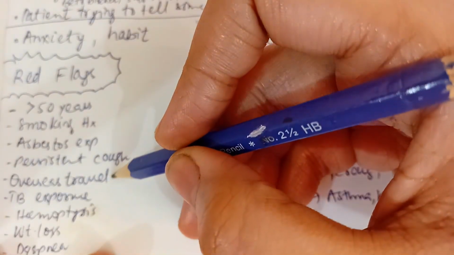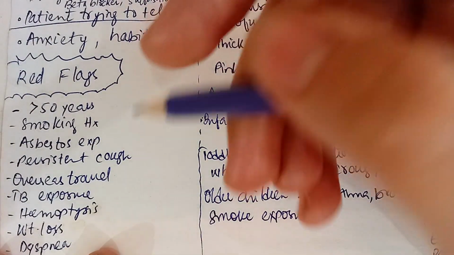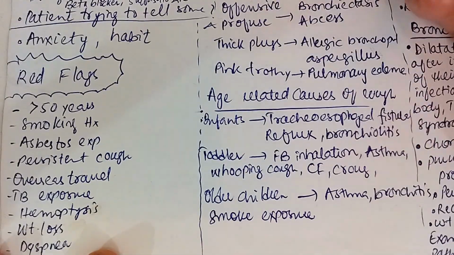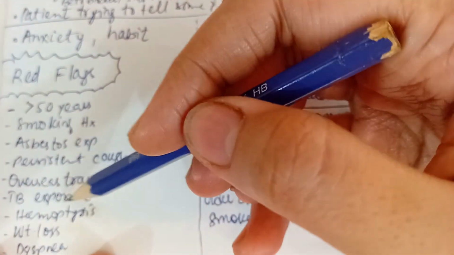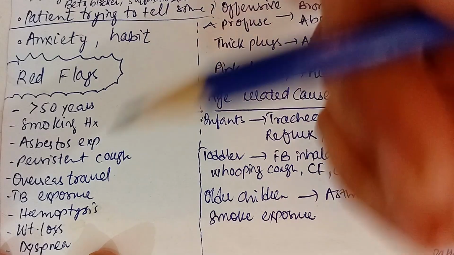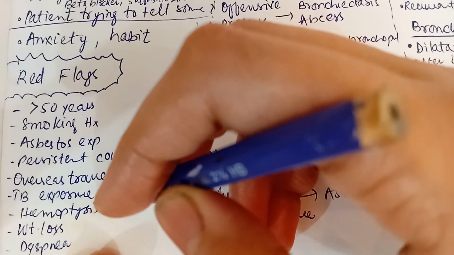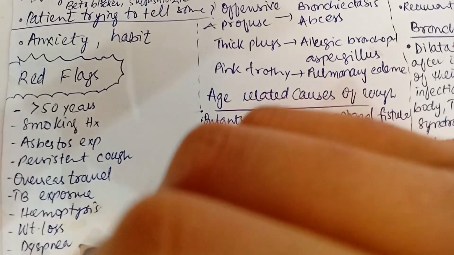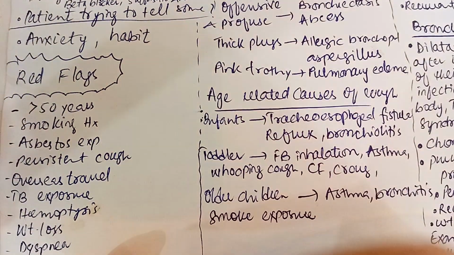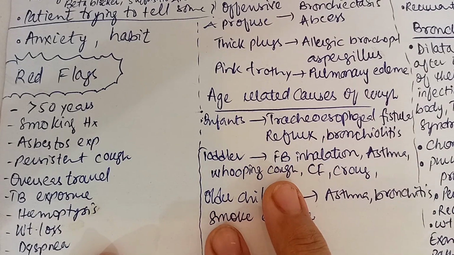A history of overseas travel, where we can suspect infections. Then TB exposure. He is complaining of hemoptysis, weight loss, dyspnea and fever. These are the red flags which should not be missed in every patient who is coming with cough.